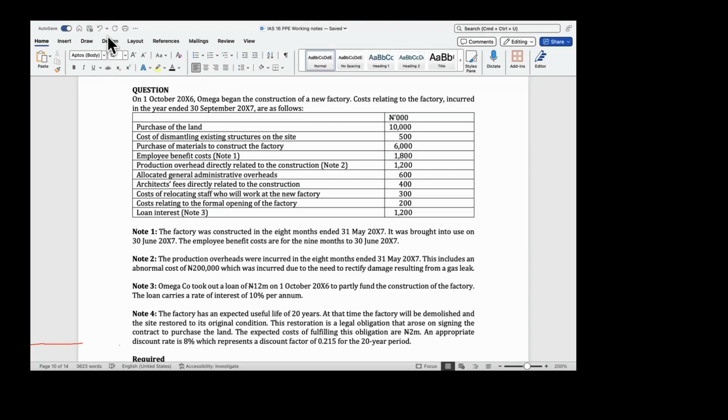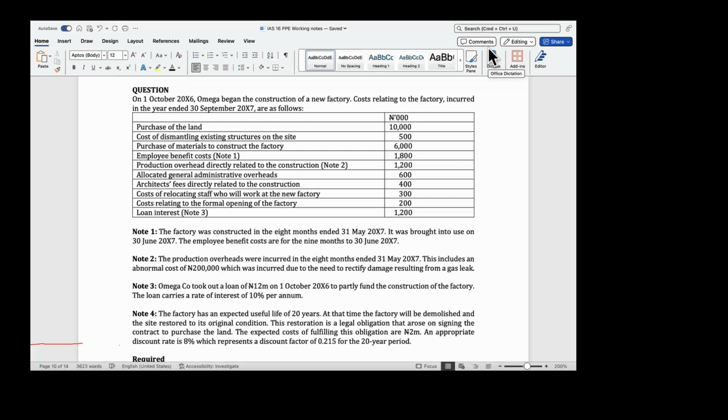On 1st October 20X6, Omega began the construction of a new factory. Costs relating to the factory incurred in the year ended 30th September 2007 are as follows. Purchase of land, 10,000. Cost of dismantling existing structure on the site, 500.